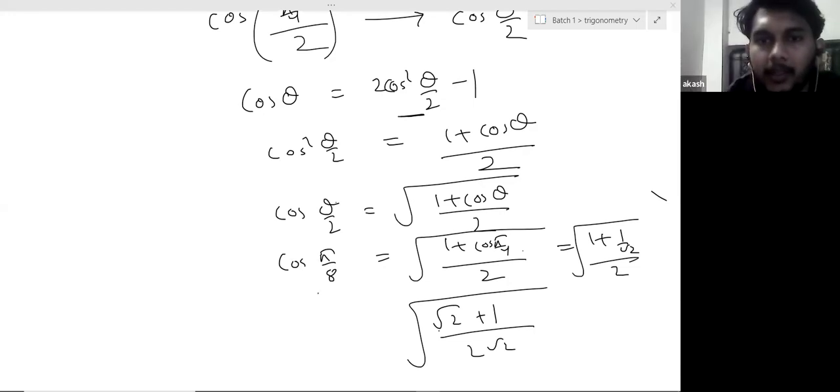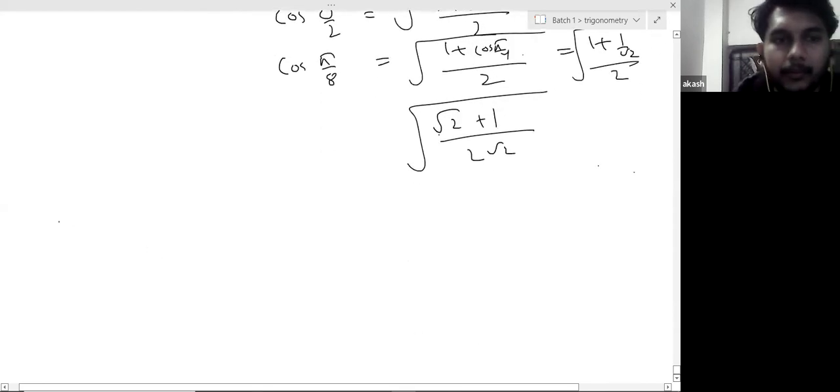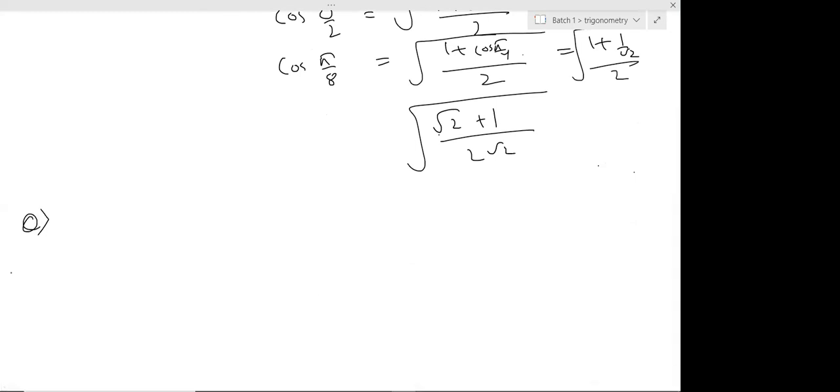Okay. In the last class, we did a lot of formulas for trigonometry, right? Try to solve this question. Okay, let's start with the question.